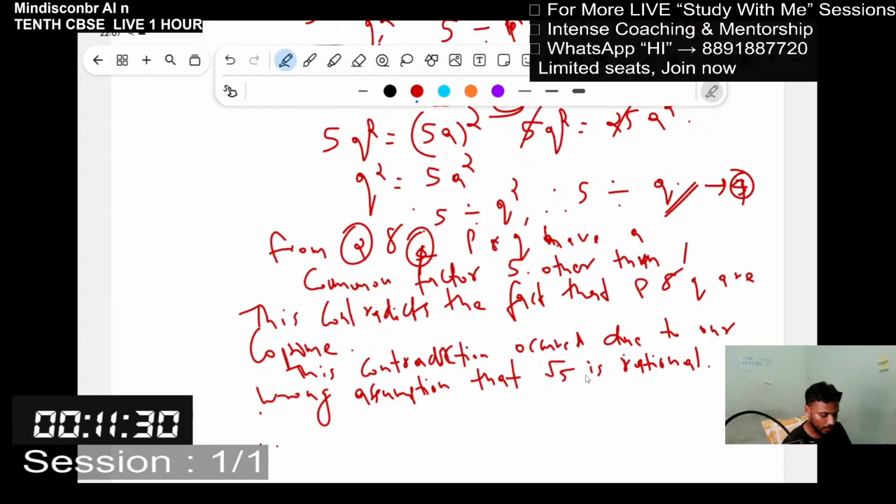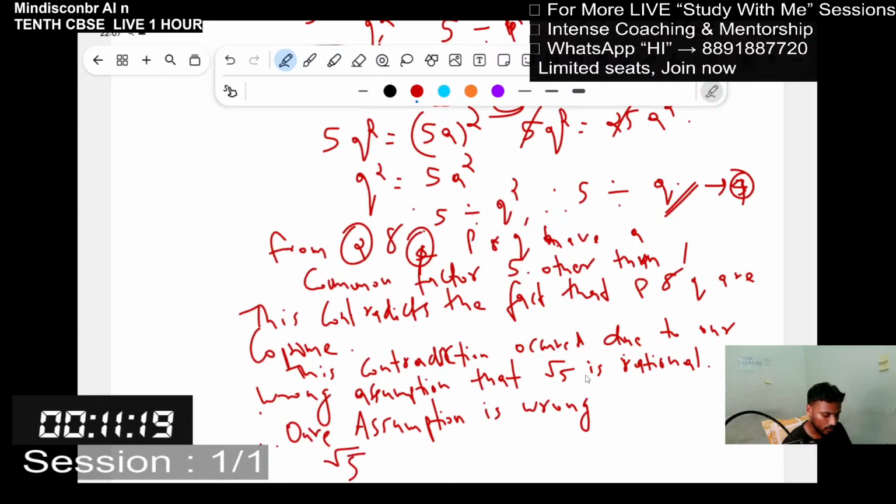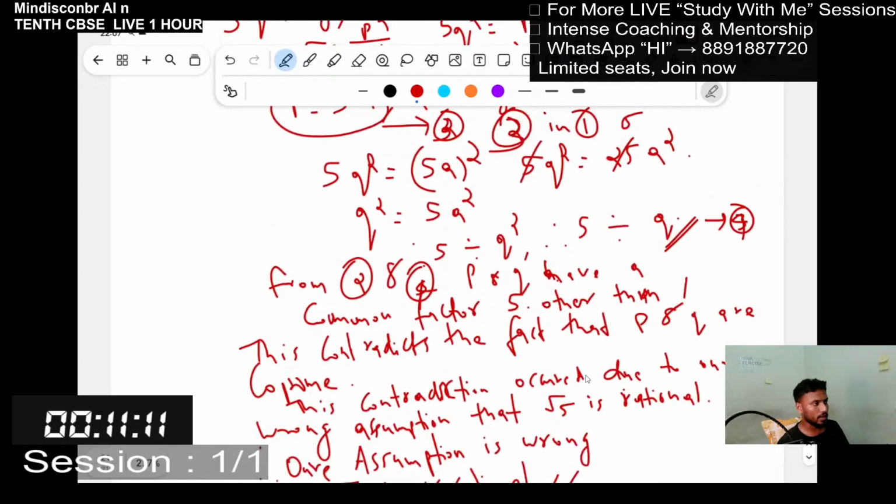Therefore, our assumption is wrong. Root 5 is irrational.